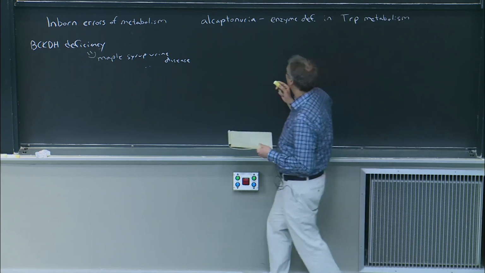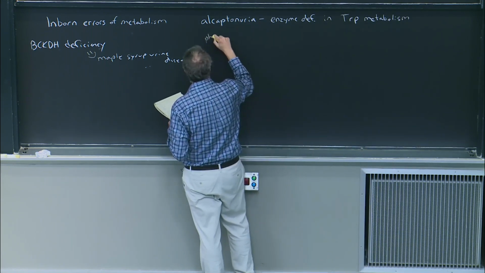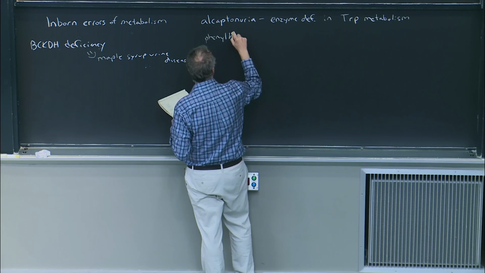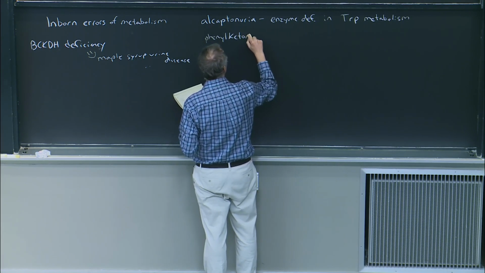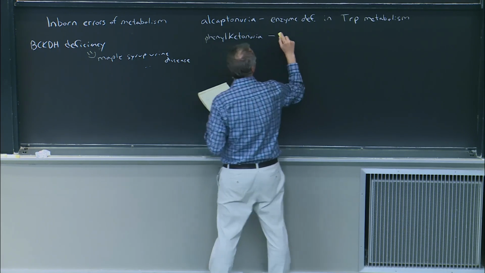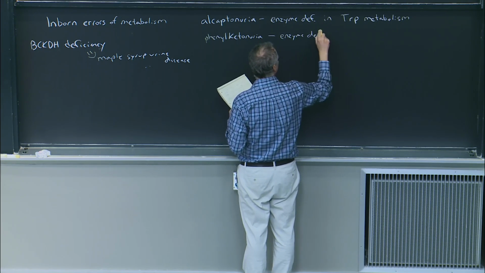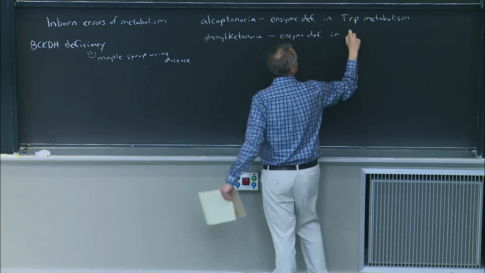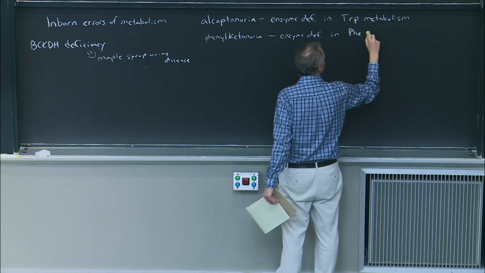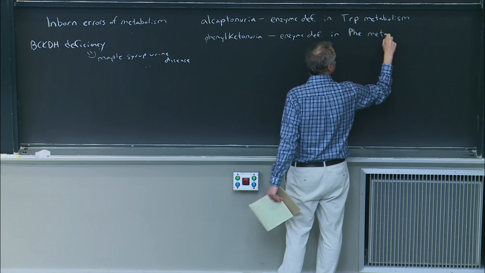Okay. And another one is phenylketonuria, which is an enzyme deficiency in phenylalanine metabolism.